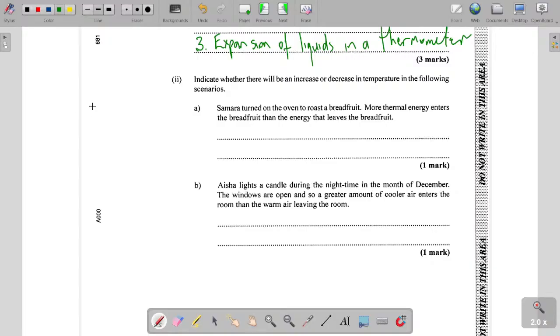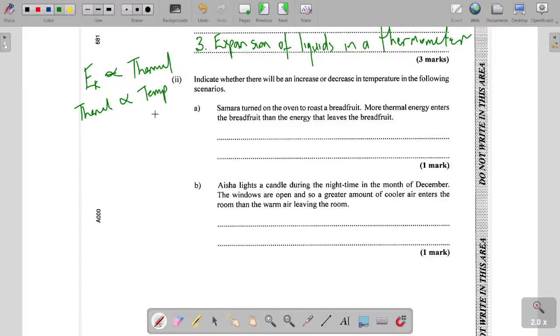So the relationship is that when there is an increase in kinetic energy of particles, there will also be a proportional increase in the thermal energy, right? And if there is an increase in thermal energy, that means there is a proportional increase in the temperature, right?